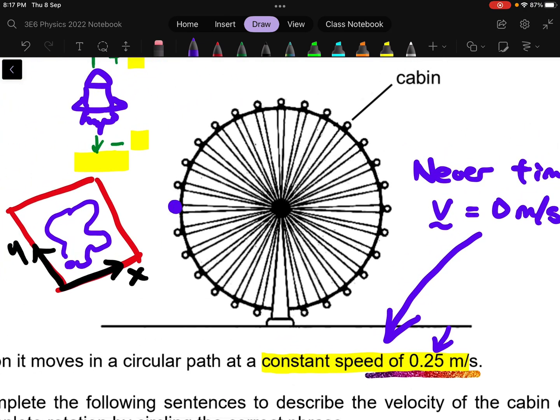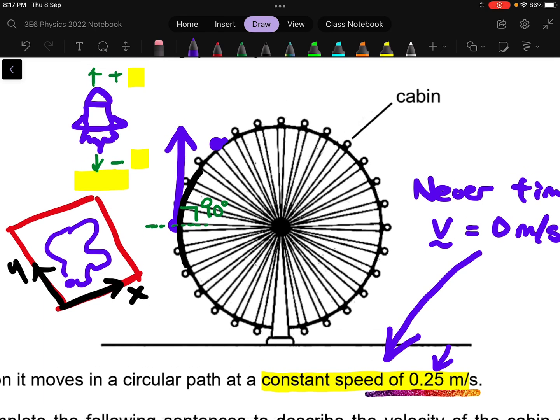So for example, down here, if I want to know the direction of this velocity vector, it will be tangential to the curve. So this is the curve, and the direction will be tangential to it, and we can assign an angle to this. For example, in this case, 90 degrees. As the cabin moves to a new location, at this particular point, what would be the direction of its velocity?